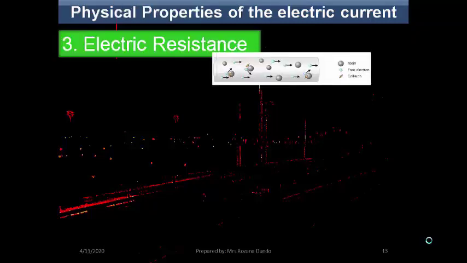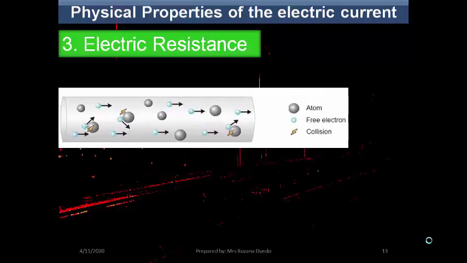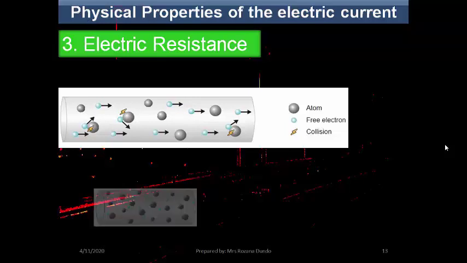Electric resistance. If an electric current flows through a conductor, the free electrons move between the atoms of the atomic lattice. Here are the atoms, and these are the electrons which move between them. In this process, collisions occur, deflecting the free electrons and retarding their motion.